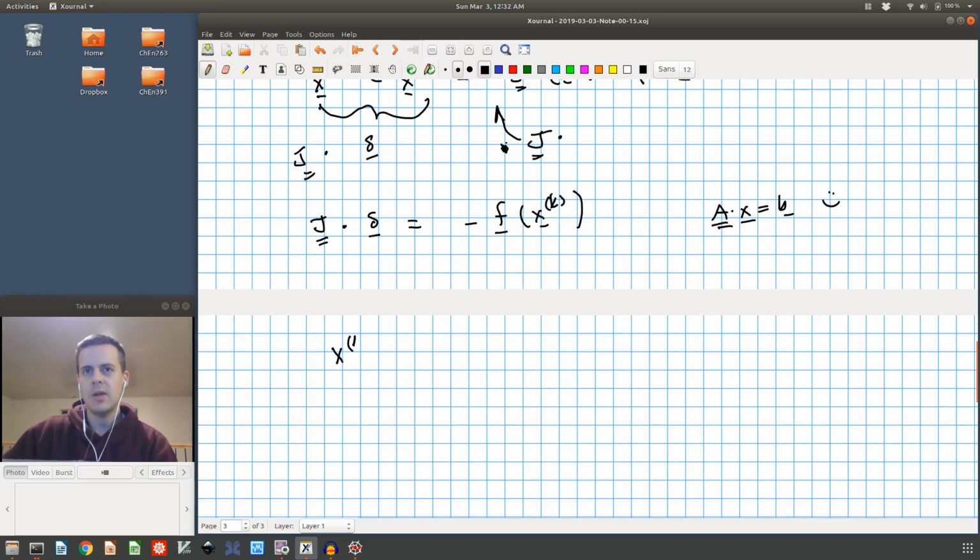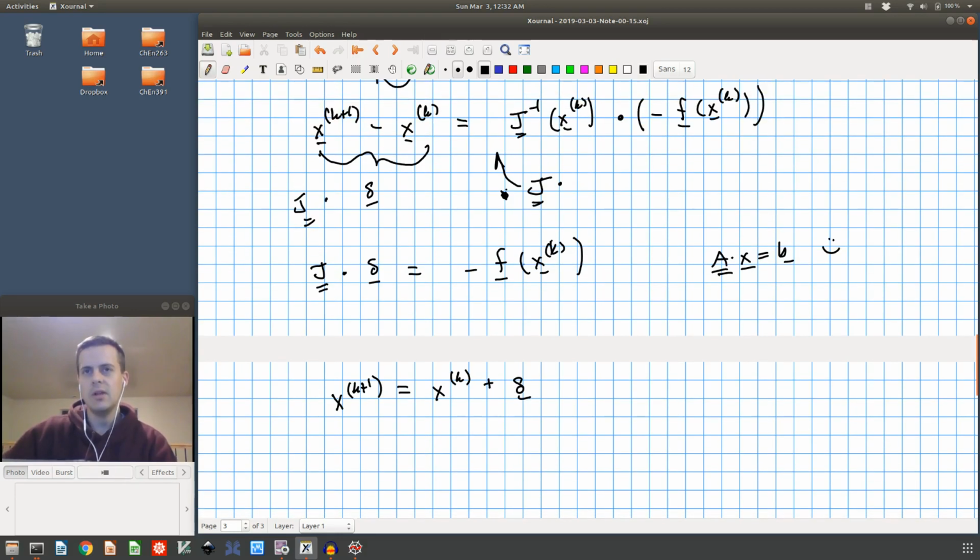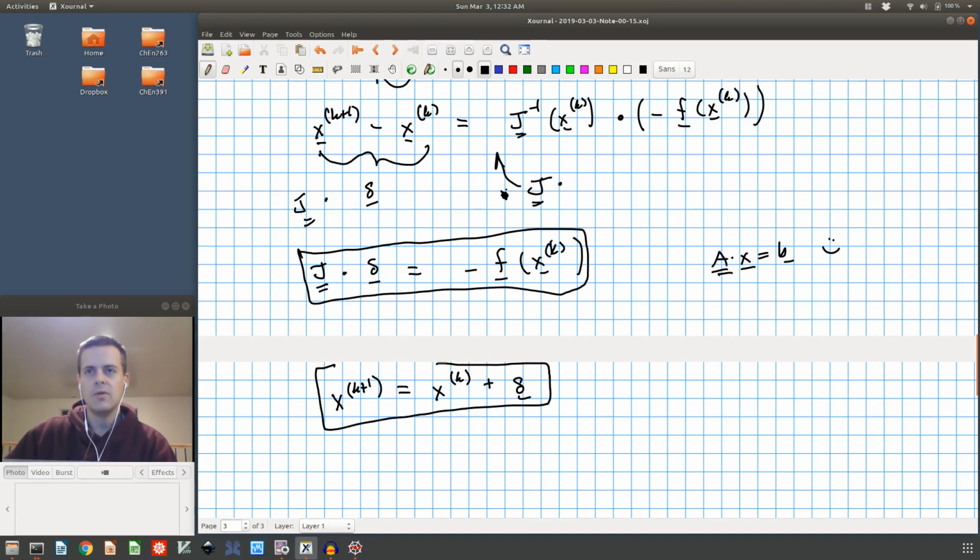I'm going to have x k plus 1 equals x of k plus delta. That I got from the definition of delta right there. So these are the two equations that I need. This guy depends on x of k here, and I use it to solve for delta, and then I just get x of k plus 1 from delta.